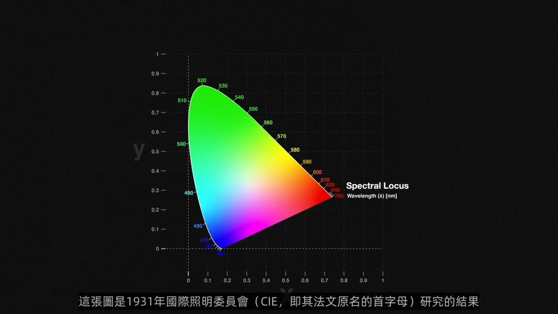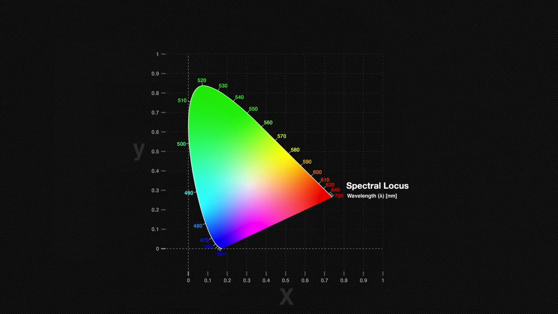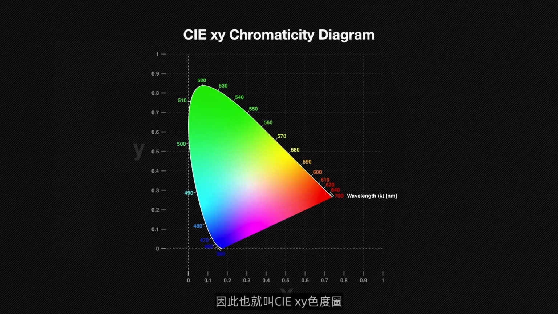This diagram was the result of research done in 1931 by the International Commission on Illumination, or CIE, the initials of their original name in French. So this is called the CIE-xy chromaticity diagram, and it's going to put us and our color spaces in the context of human vision.